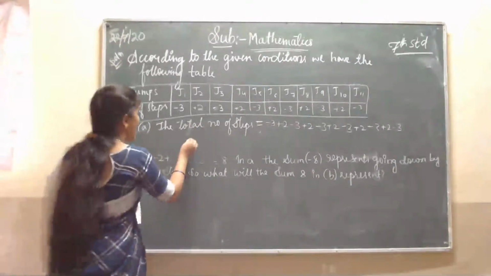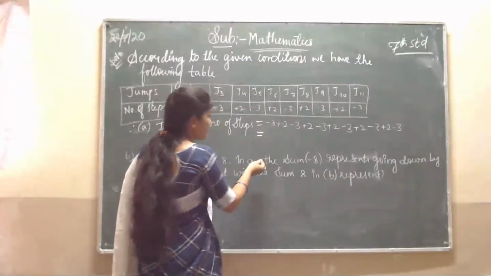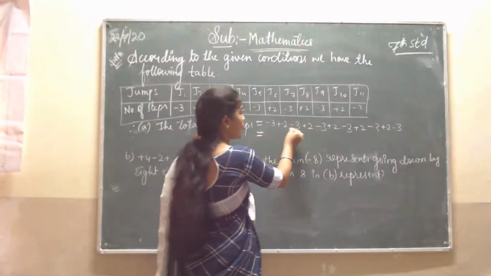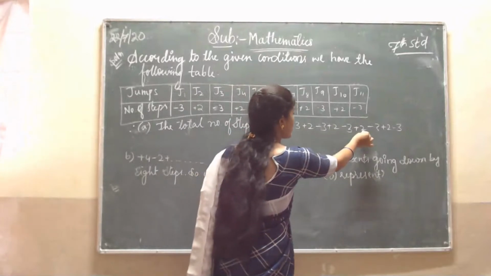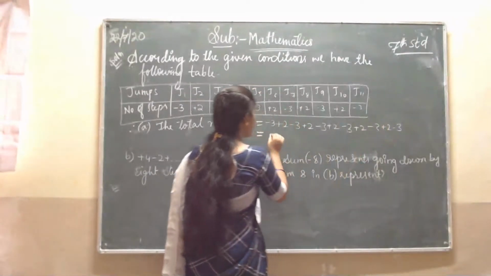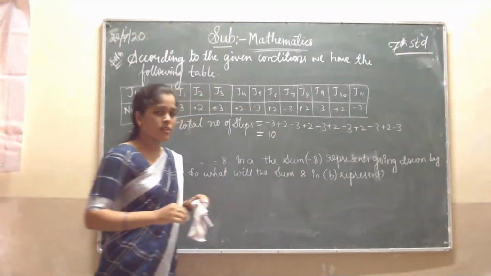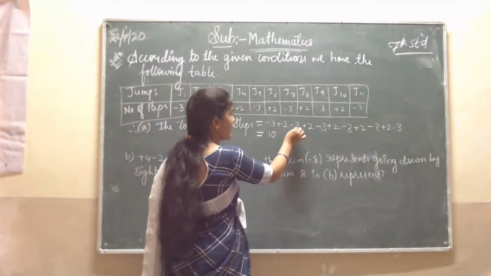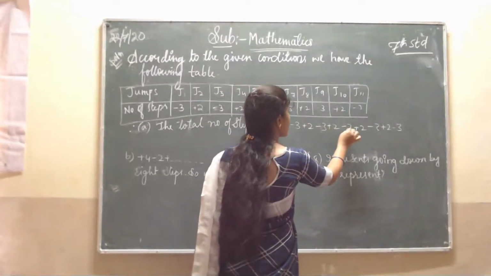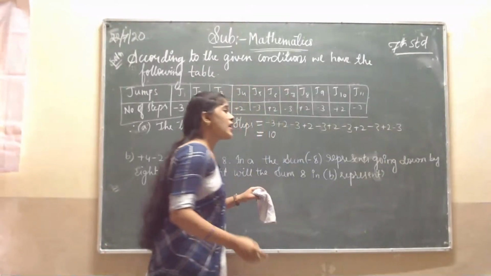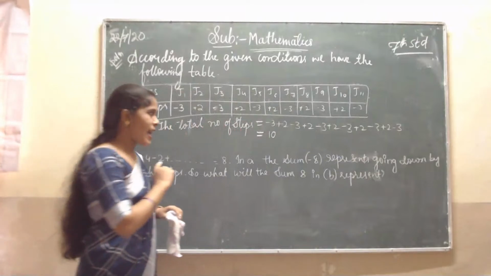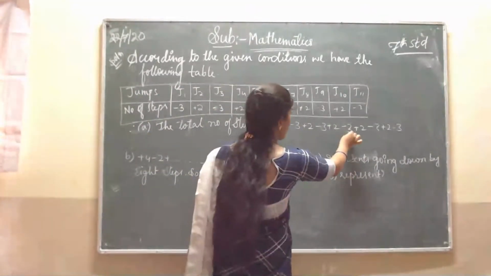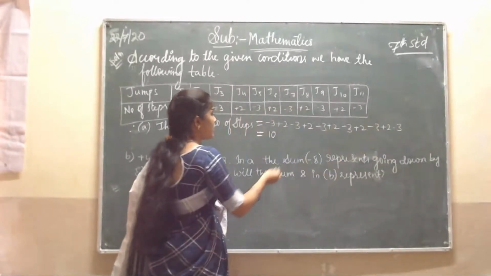First take the positive numbers: 2 plus 2 is 4, 4 plus 2 is 6, 6 plus 2 is 8, 8 plus 2 is 10, so plus 10. Now the negative ones: add 3, 6, 9, 12, 15, 18.